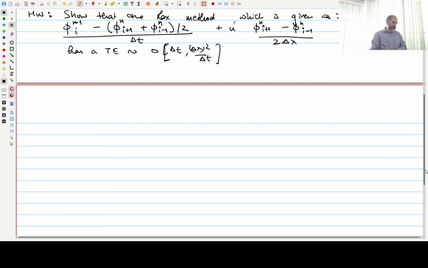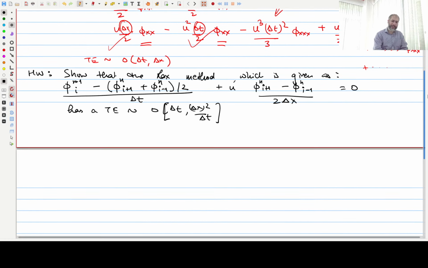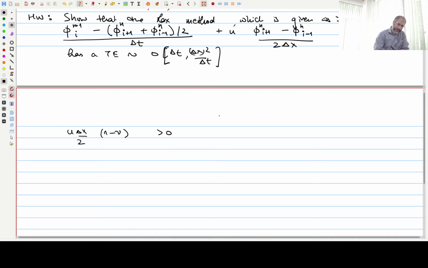So I can very much with confidence say that the coefficient of the first term on the right hand side has to be positive. So that means u delta x by 2 times 1 minus nu has to be greater than 0, since diffusivity must be positive.